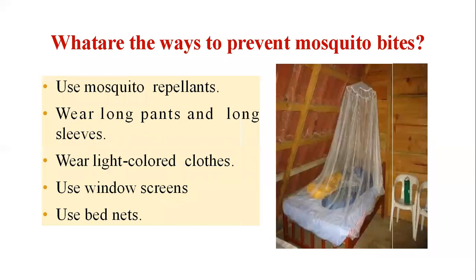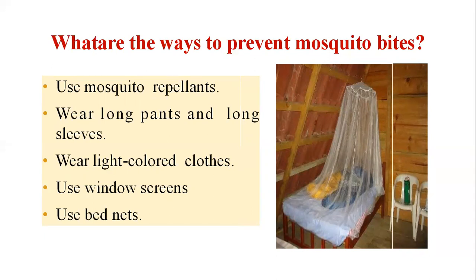But the notion is that prevention is better than cure, so we can prevent this disease by taking some preventive measures like using mosquito repellents. DEET is an established mosquito repellent. Some herbal essential oils like tea tree oil, citronella oil, neem oil, etc. can also be used as mosquito repellents.